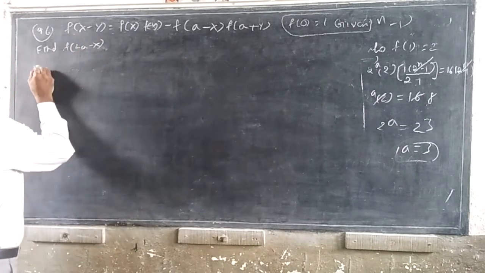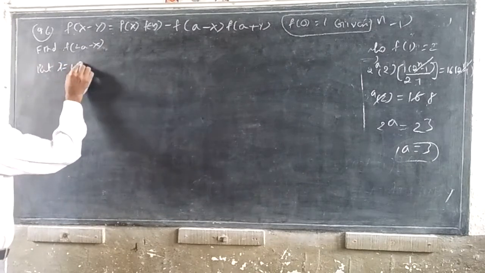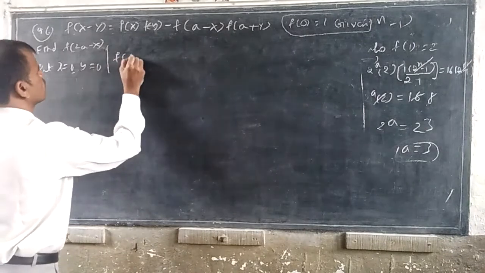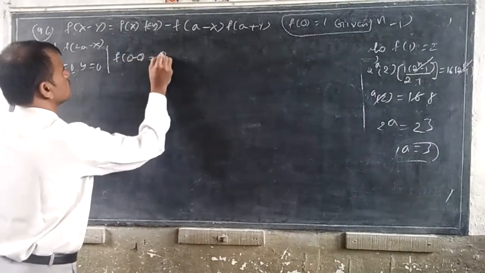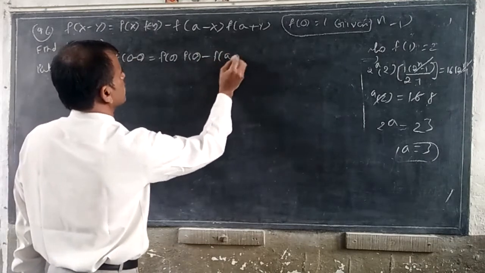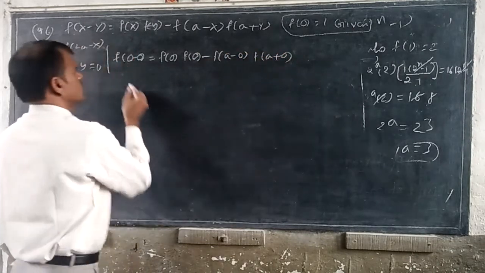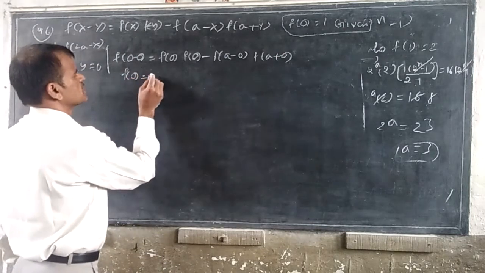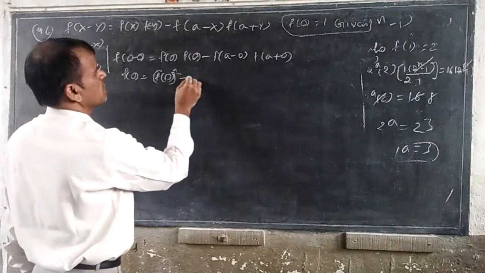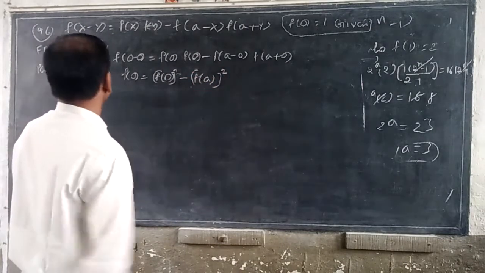Okay, I am writing, put x equal to 0, y equal to 0 using this equation. F of 0 minus 0 equal to f of 0 into f of 0 minus f of a minus 0 into f of a plus 0. So f of 0 is equal to f of 0 whole square minus f of a into f of a, you can get f of a whole square.